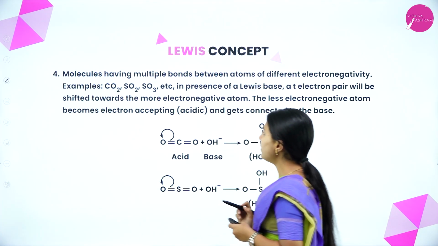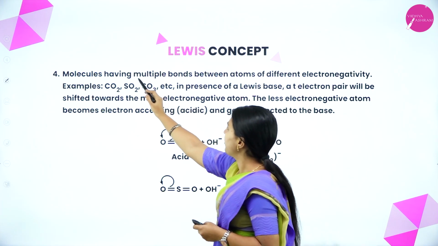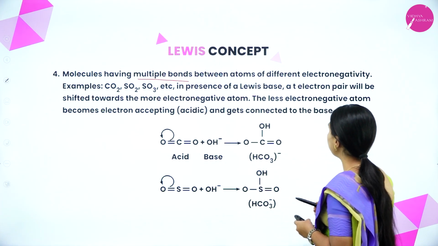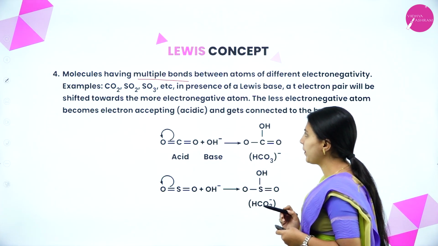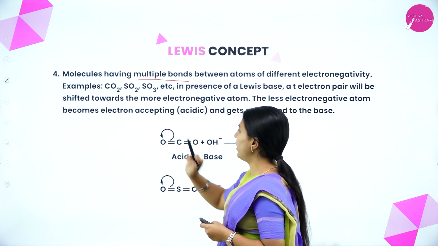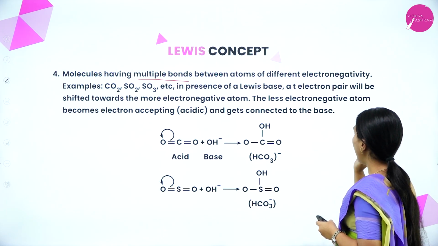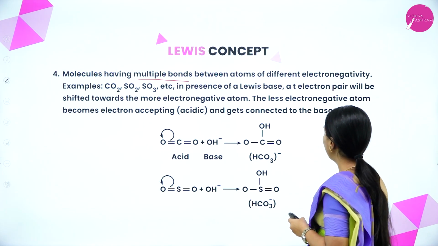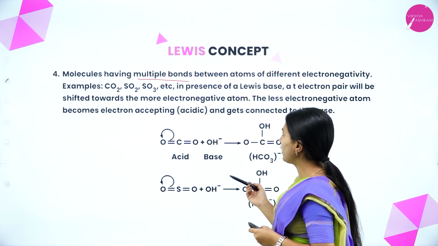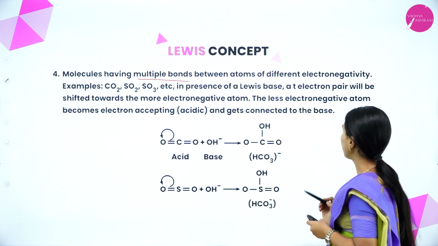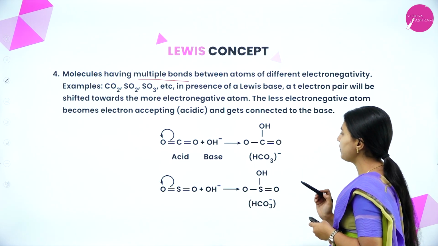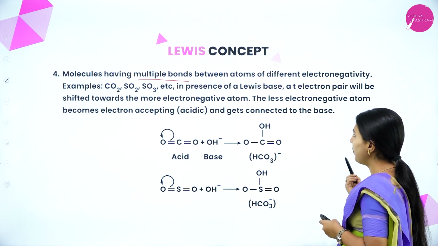Next, molecules having multiple bonds between atoms of different electronegativity, for example CO2, SO2, SO3. In the presence of a Lewis base, the electron pair shifts towards the more electronegative atom. The less electronegative atom becomes electron accepting and gets connected to the base.